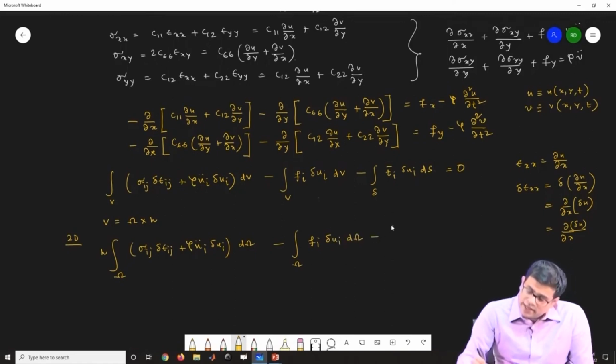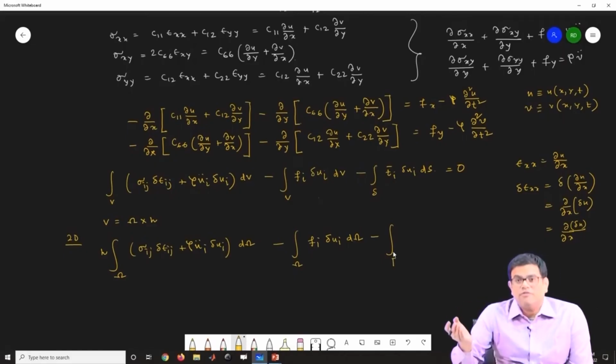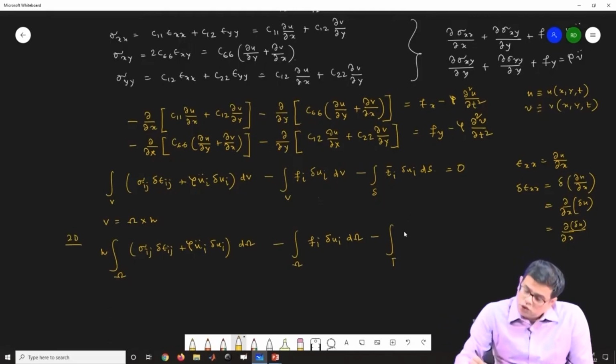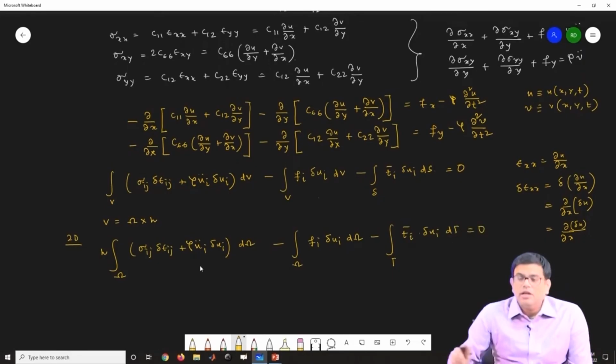Now this is again the traction, so the traction will be over gamma. Gamma is a line integral, since the boundary of a surface is essentially a line. So now Ti bar delta ui d gamma. So that's for 2D.